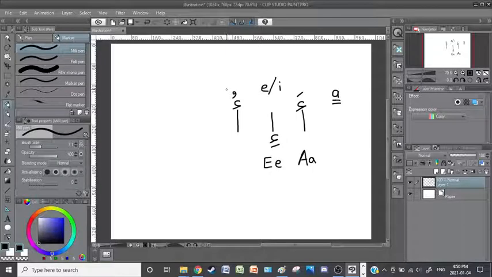Lastly, we have the dhamma, which is a derivative of the O or the U and the waw in Arabic. If I want to pronounce an alif, or technically the hamza, with a dhamma, I would say oo.